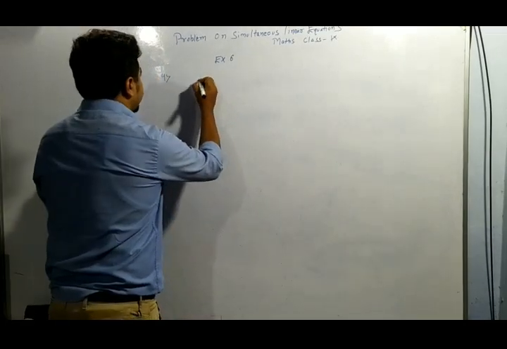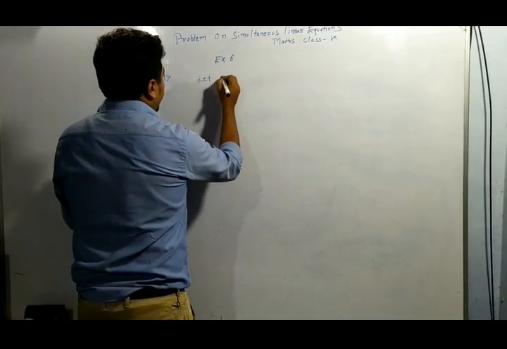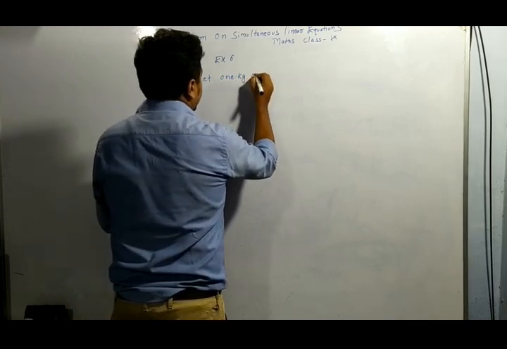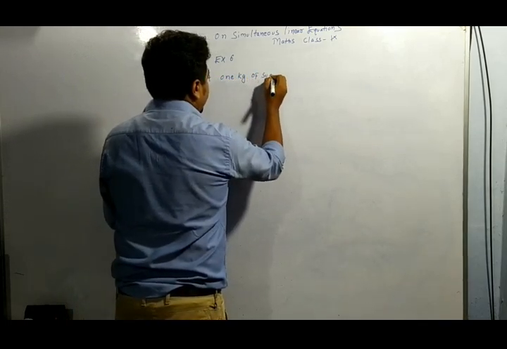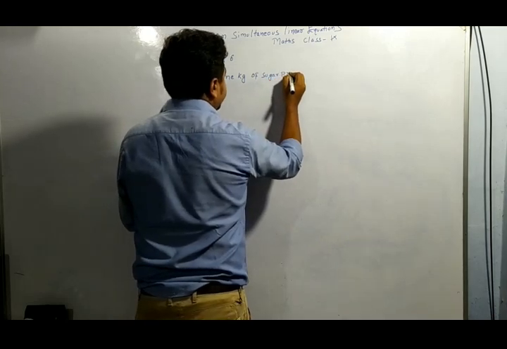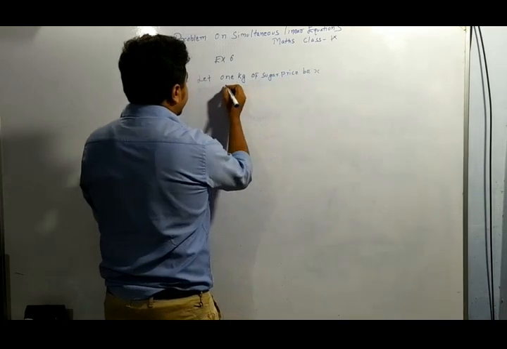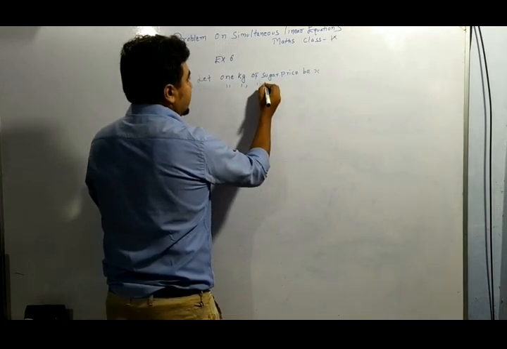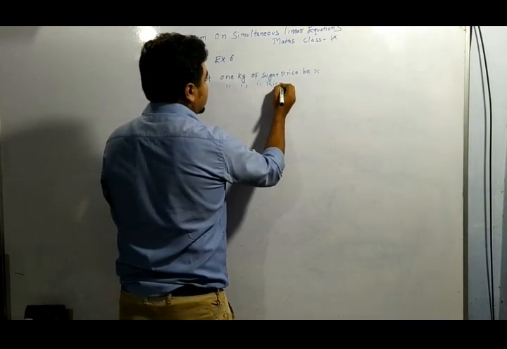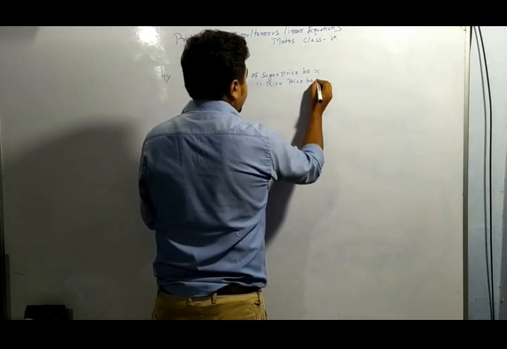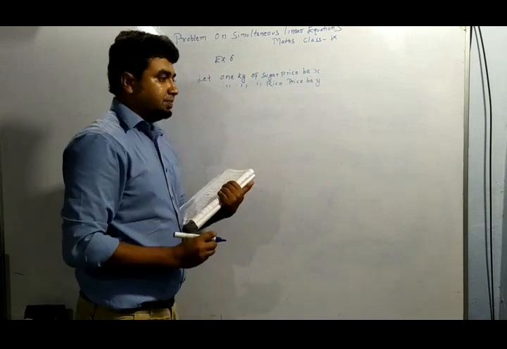So we will take the price of 1 kg of sugar to be x, and the price of 1 kg of rice to be y.